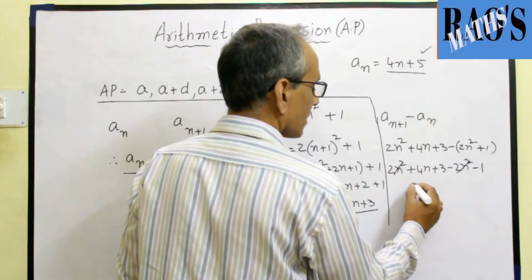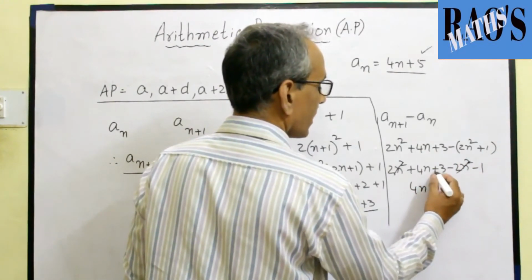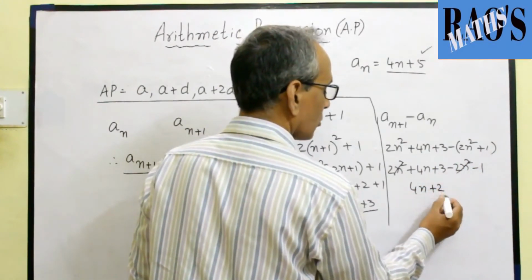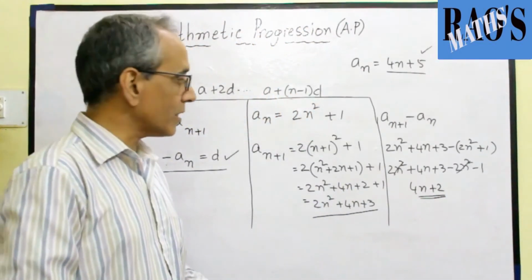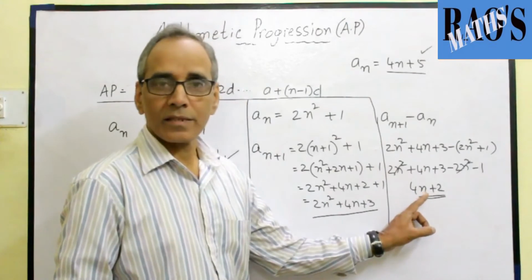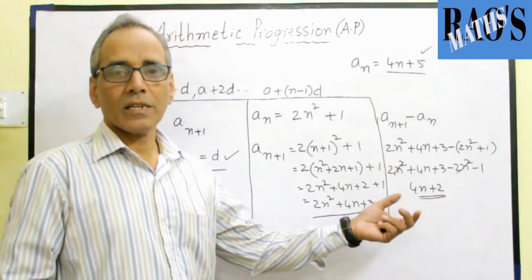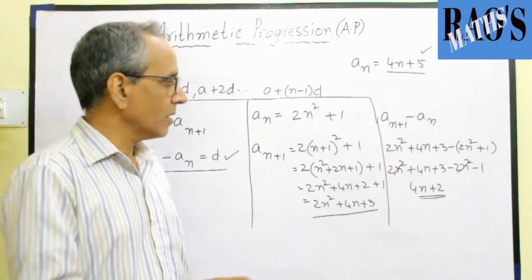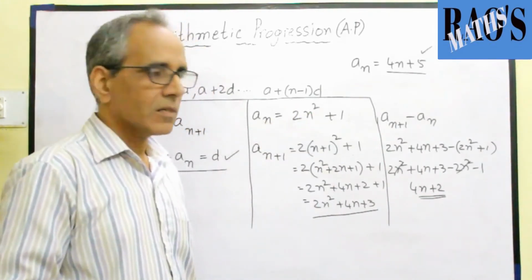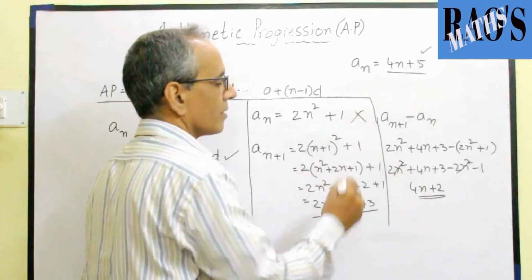So what remained is 4n plus 3 minus 1, which is 4n plus 2, which is not a constant, not a fixed value, it is dependent on n. Whenever you get a result that is not an independent term, that is a constant, we say it is not in AP. So it is not in AP.